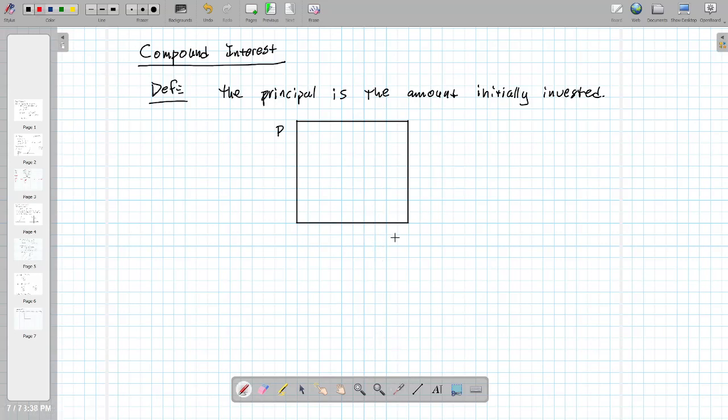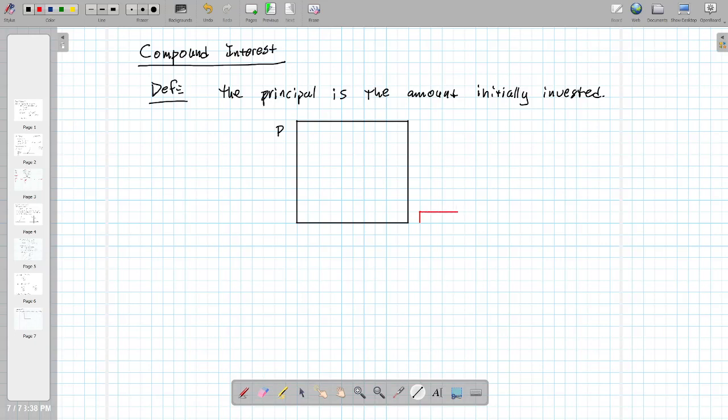So suppose we have this principal, and it comes time to compound our interest for the first time, assuming that our rate is 10%. So we'll take 10% of our principal, and we get this. This is 10% of this. It's 1/10.